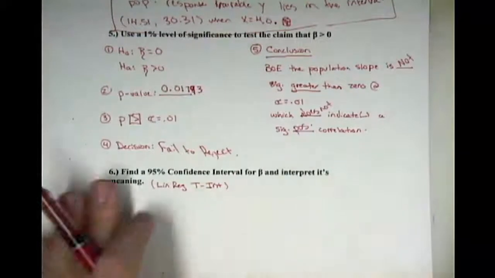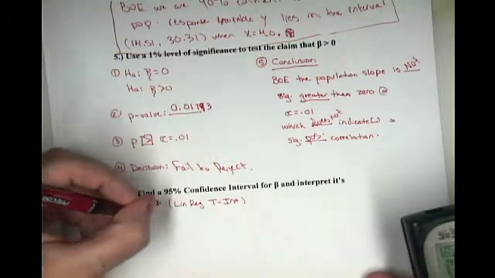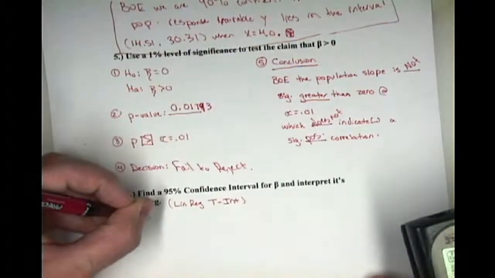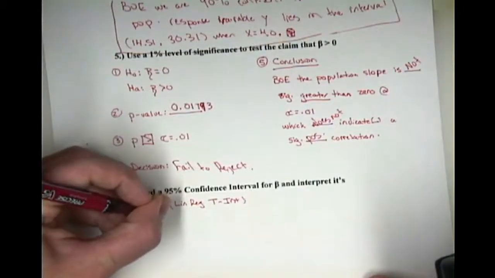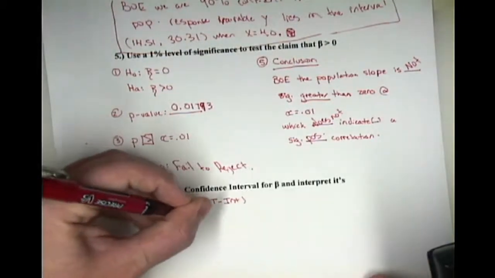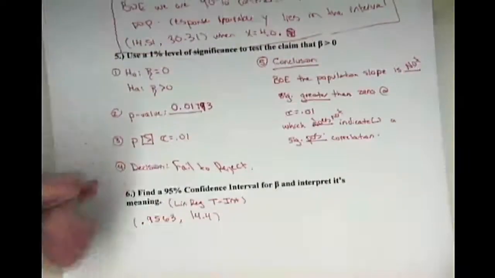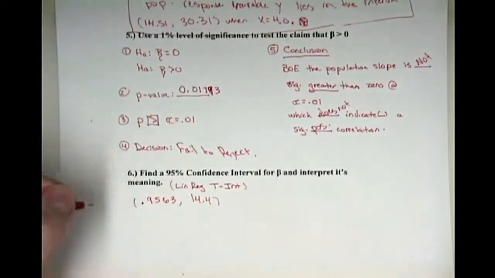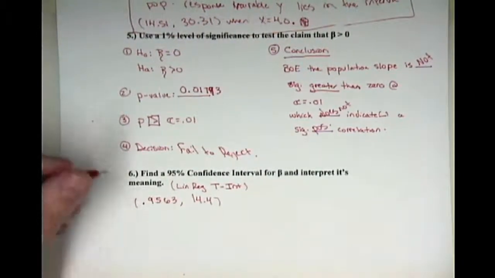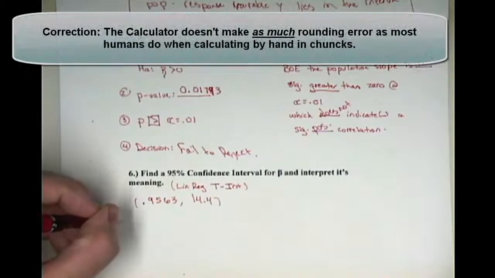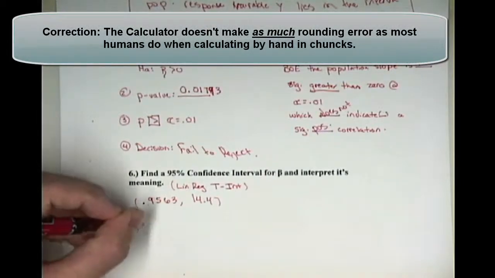Let me bring it over towards me so I can actually read it because the print is very small. We get an interval 0.9563 to 14.4. And that's very close to the one that we got when we were doing it by hand as well. A little bit of difference due to rounding error. Remember, the calculator doesn't make rounding error. So, interpretation time based on the evidence.